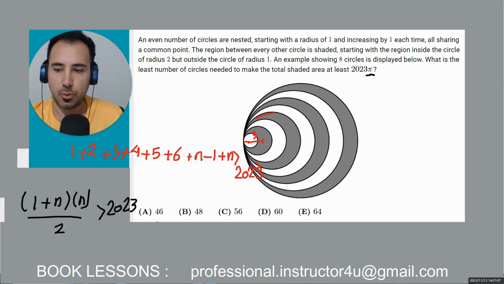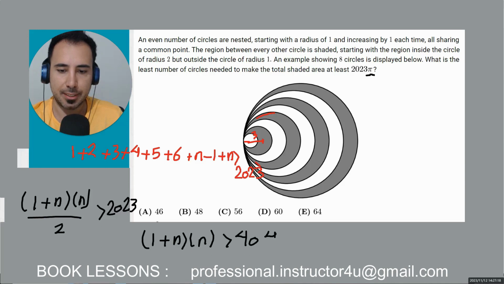So we know that 1 plus n times n is supposed to be larger than 4046. So which number would do that? We want the smallest number that will do this.